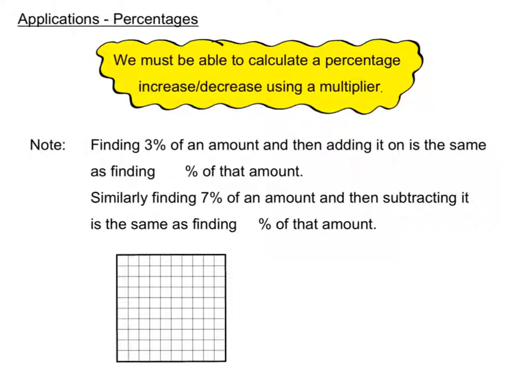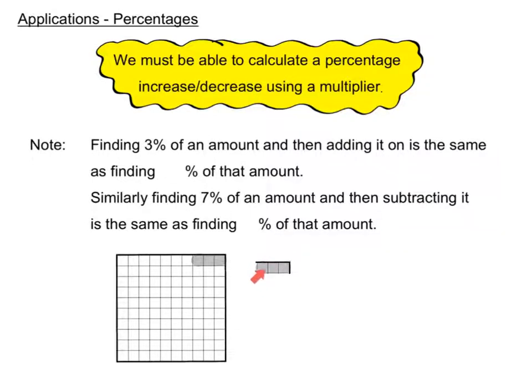So if we take, for instance, the 100 square at the bottom here, and imagine this is 100%, there are 100 squares in this box, and we imagine finding 3% of that. 3% of that would look like this much here, approximately. If I take that 3% and then add it on, I end up with this extra part here.